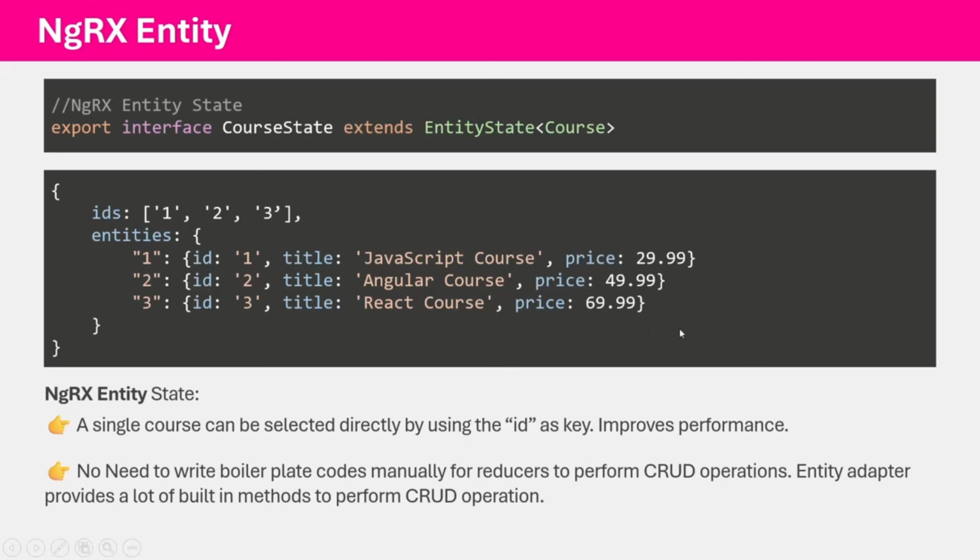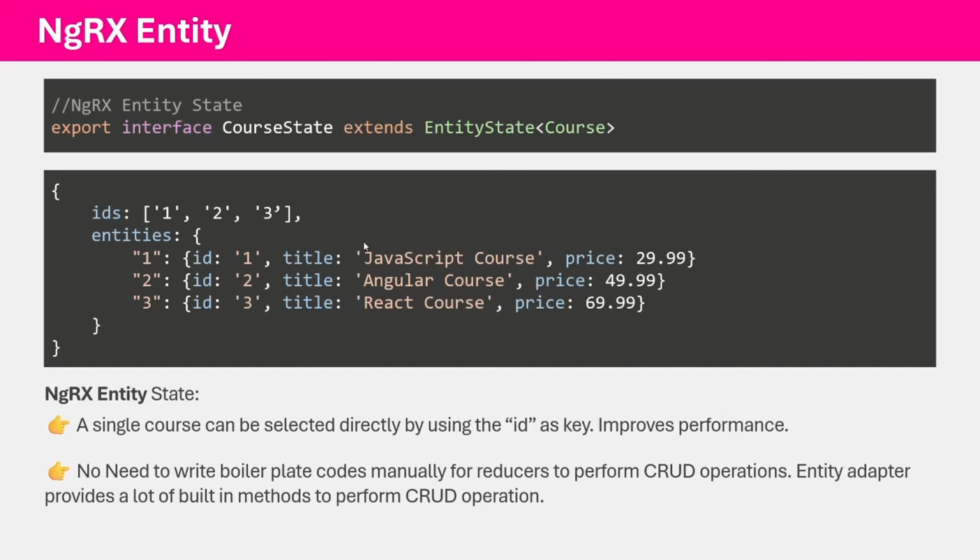So if you have product entities, in that case, this IDs will store the ID of each product, and this entities will store each product as a key value pair, where the ID of the product will be used as the key and the entire product object will be used as the value for that key. And this IDs array is important because this IDs array store the ID of each of the entity. It can be product entity, course entity, posts entity, etc. And it stores that key in the order in which you have sorted your entities.